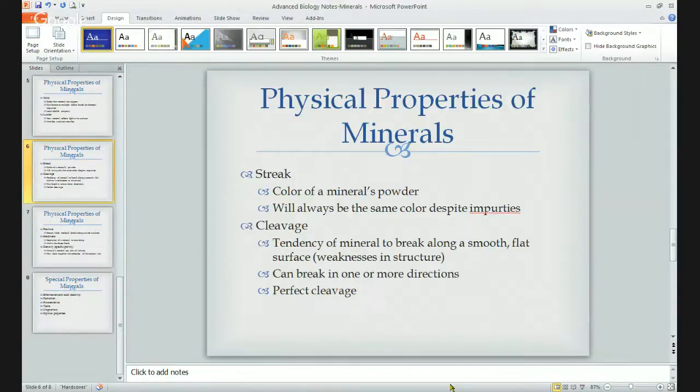Cleavage. This word and the next physical property, fracture, both mean how the mineral breaks. The difference is when you're talking about cleavage, you're talking about how the mineral breaks along a smooth, flat surface.